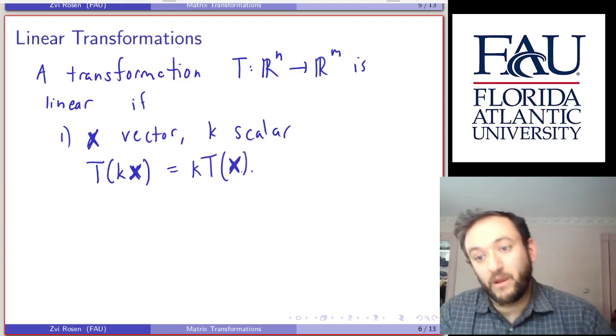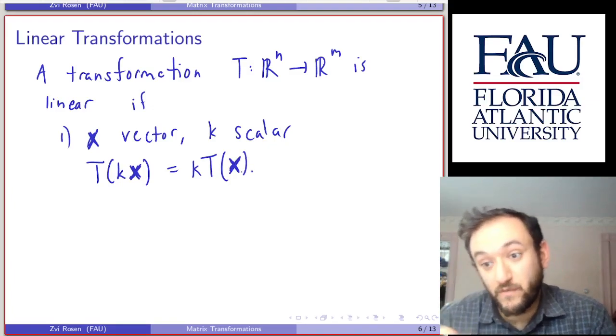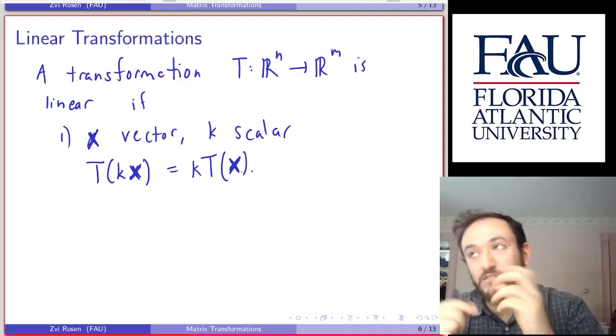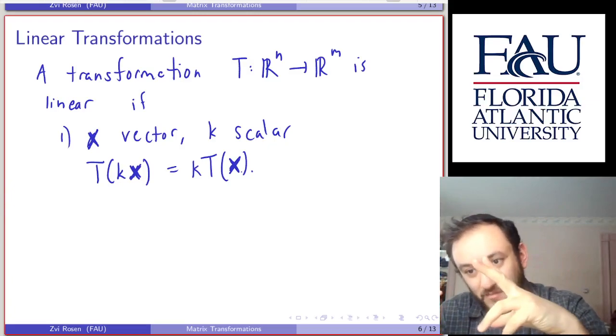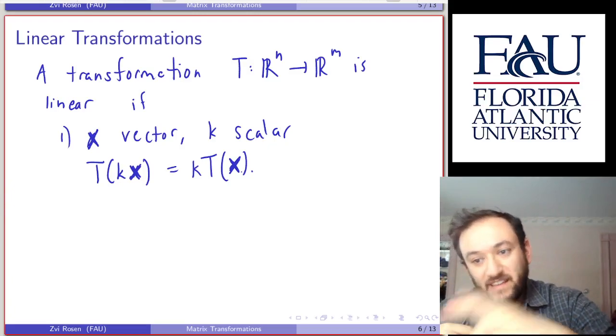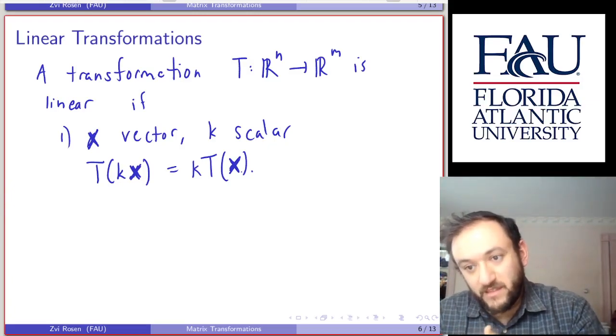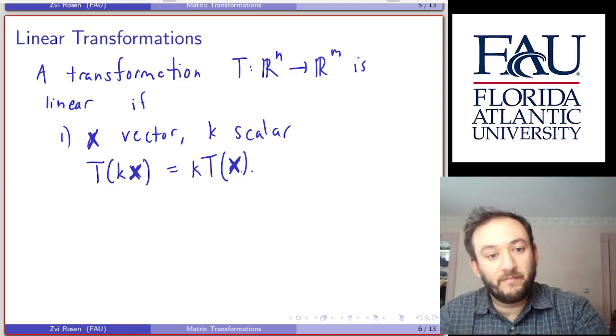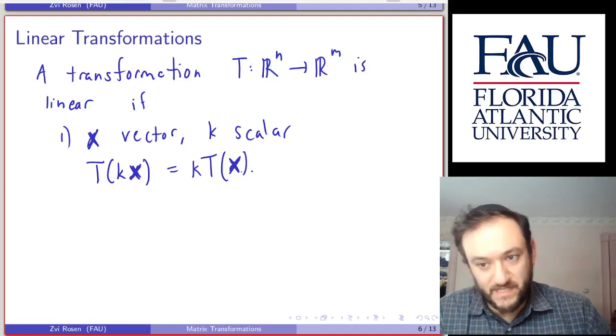So when I want to know the value of the transformation at a certain vector, multiplying that vector by something will affect the output just by multiplying it by the same amount. So if you multiply your input by 2, you might as well just hold off and multiply the output by 2, and it'll give you the same thing.